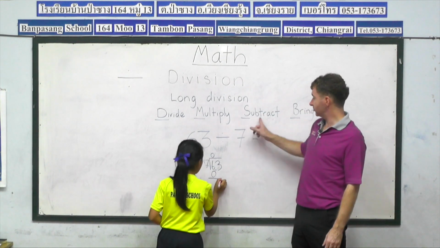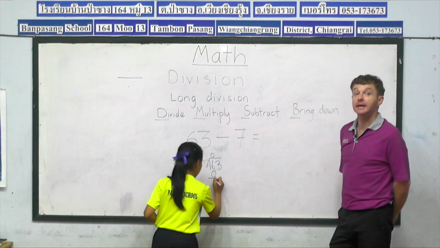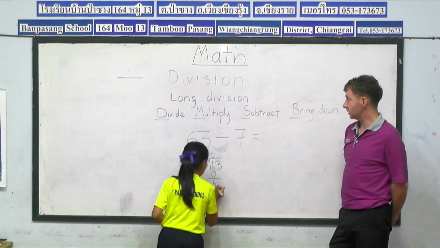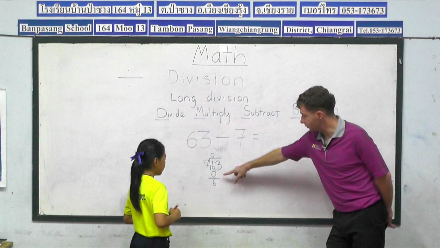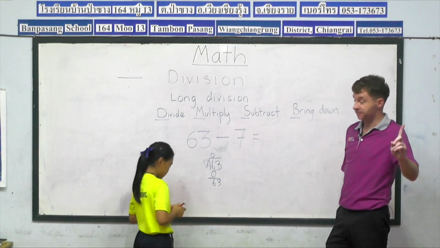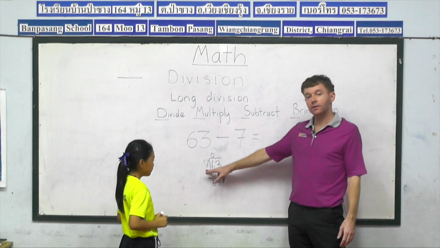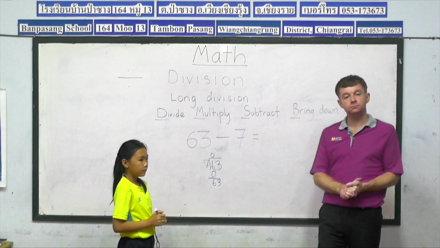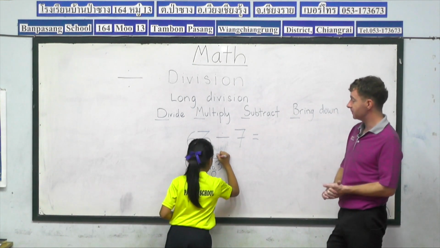And now, subtract 6 minus 0 equals 6. And then our fourth step, we bring down the 3. So now 3 becomes 63. So this time we need to think 63 divided by 7 equals 9. Well done, Lakgau. So we can write 9 as our answer.